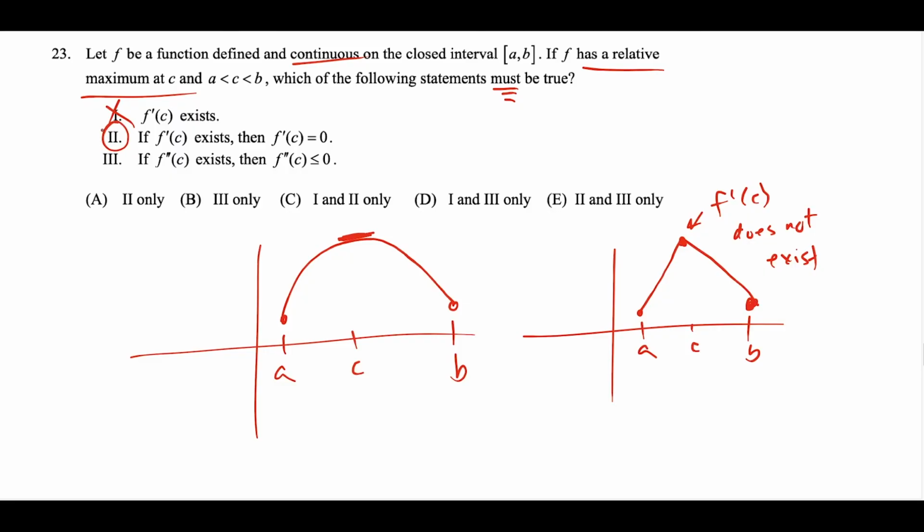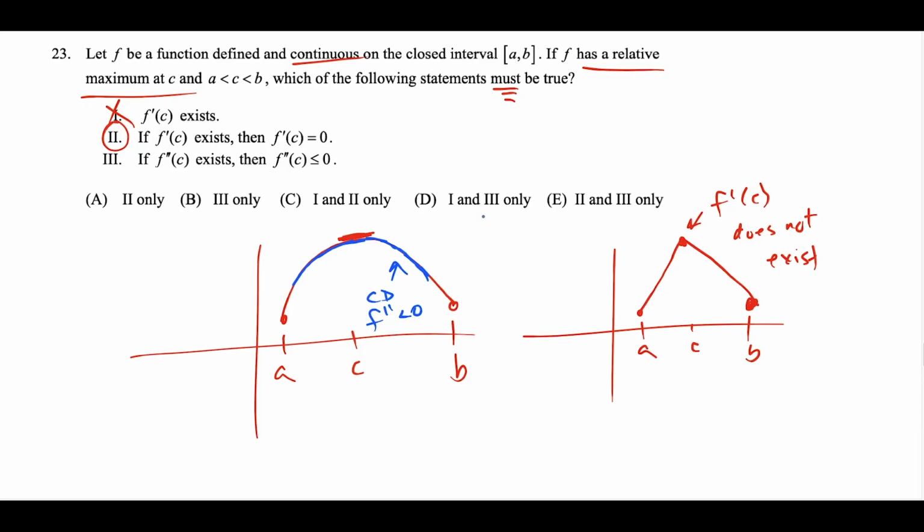And what we're told next is that if the second derivative at c exists, then the second derivative at c is less than or equal to 0. See, that one is going to be true because notice this curve on this little interval here is concave down. So because it's concave down at this local maximum, remember, if the second derivative does exist, this means, since we're concave down here, that the second derivative here is going to be less than 0.